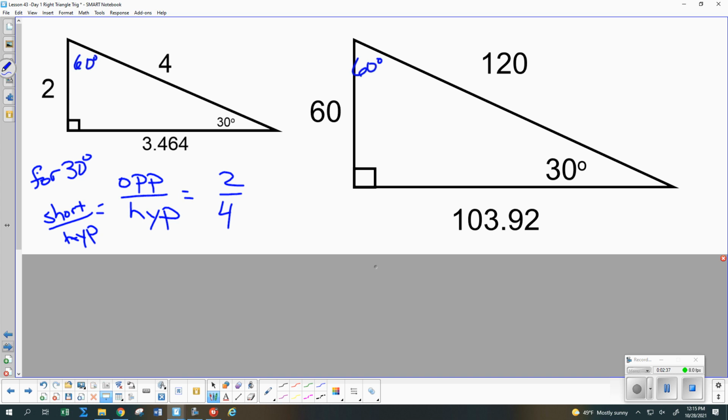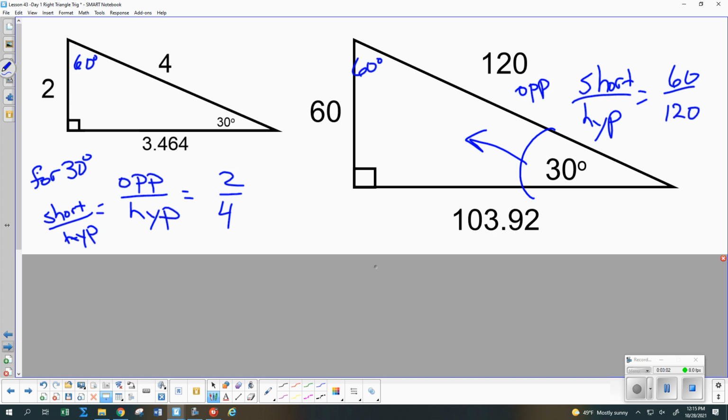And if I did the corresponding sides in the other triangle, or any other 30, 60, 90 triangle, I better still get a half, because that's what it means to be similar triangles. And if I do that over here, if I take the short over the hypotenuse, 60 over 120 is still a half. And for the 30 degrees, that was still the opposite over the hypotenuse.